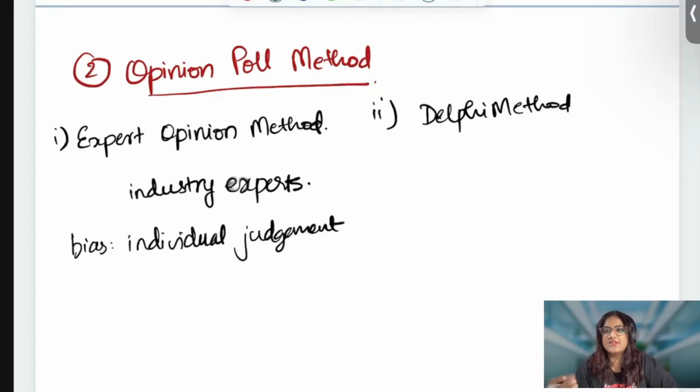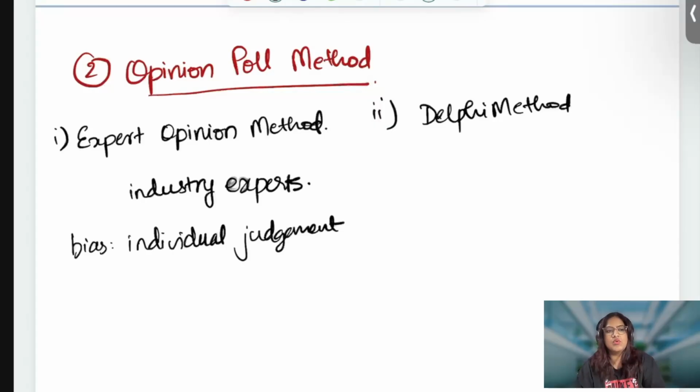The process works in rounds. First, the experts give their opinions independently. Then their views are shared anonymously. They review each other's opinions and refine their own. This continues until a consensus forecast is reached. So all these experts will review each other's opinions and update their opinion based on what other experts are also saying.